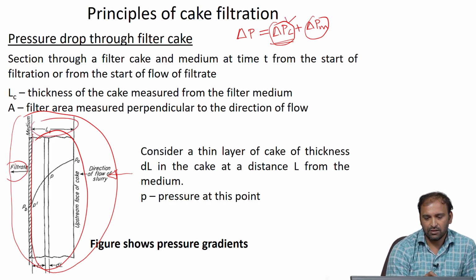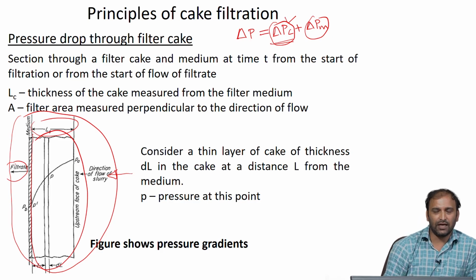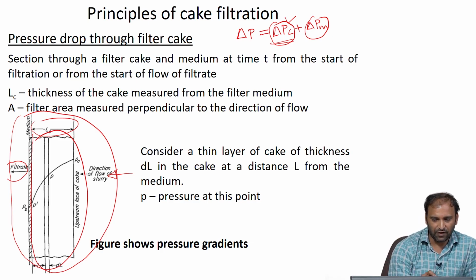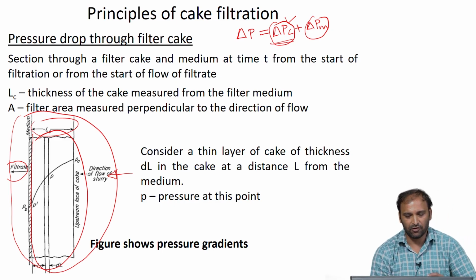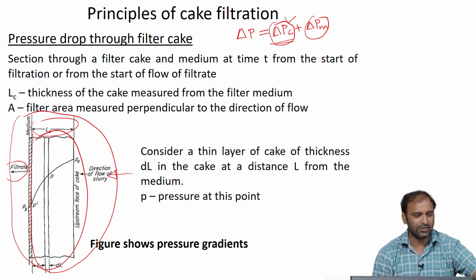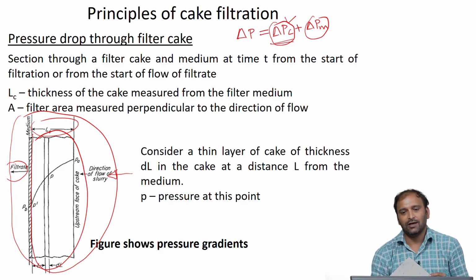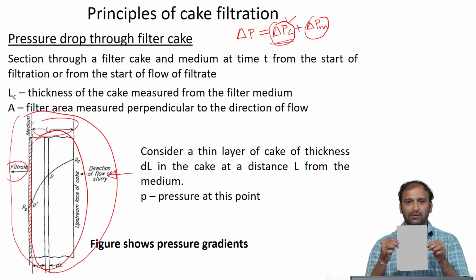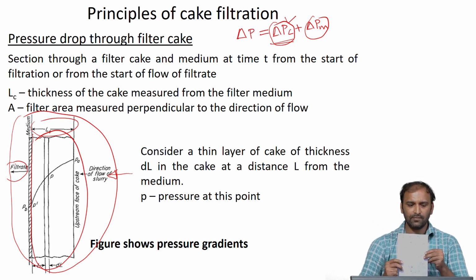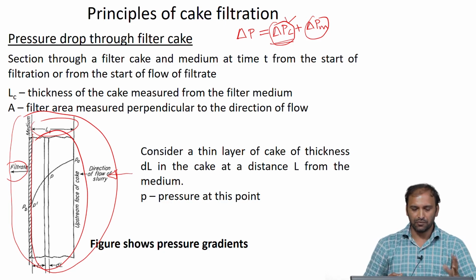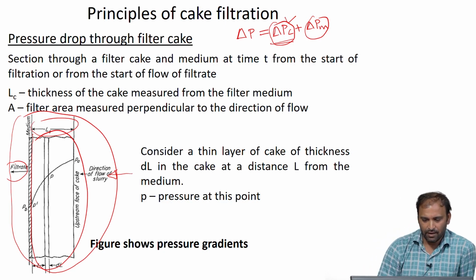LC is the thickness of the filter cake, measured from the filter medium, and A is the area available for filtration. If this is my filter medium and the filtrate is flowing in this direction, the cross sectional area available for the filtrate to flow through is A.